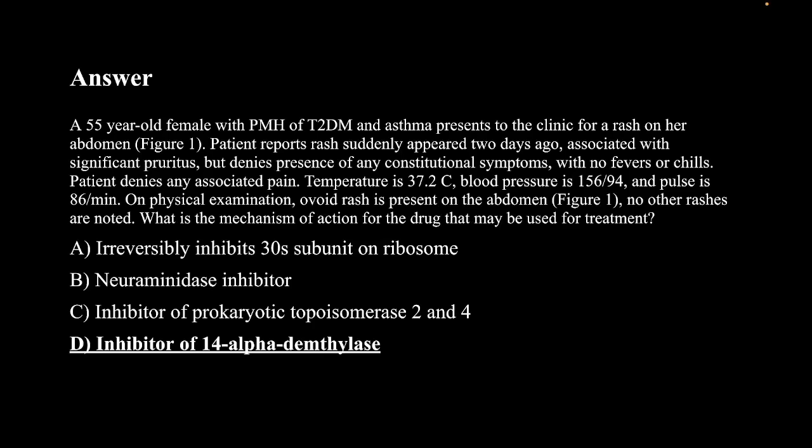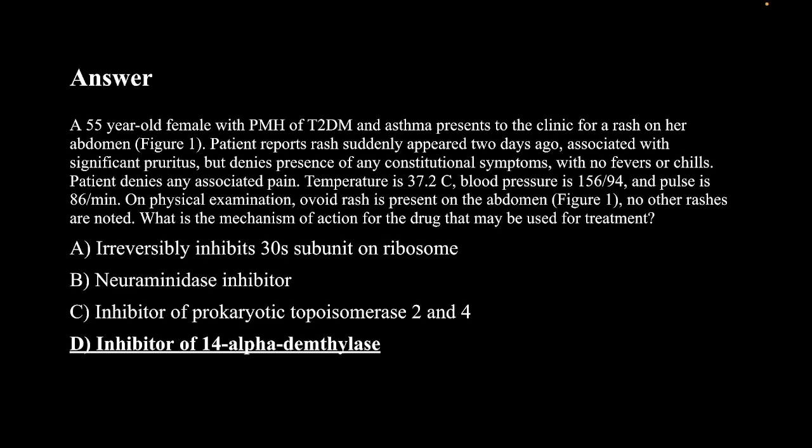Option C is inhibitor of prokaryotic topoisomerase 2 and 4. That's the mechanism of action for fluoroquinolones, which is once again not going to be the preferred treatment for fungal infections. And then option D is going to be inhibitor of 14-alpha demethylase. That's the mechanism of action for all the azole medications like fluconazole and clotrimazole, along with all the different azoles.